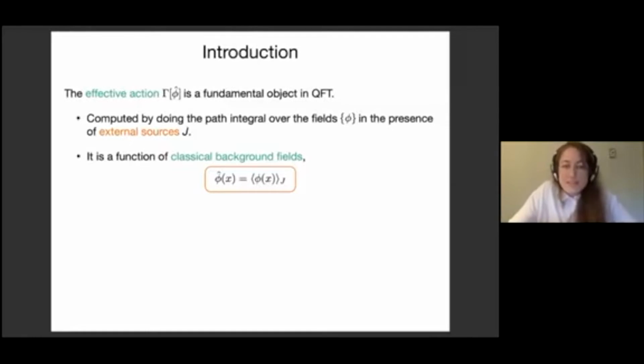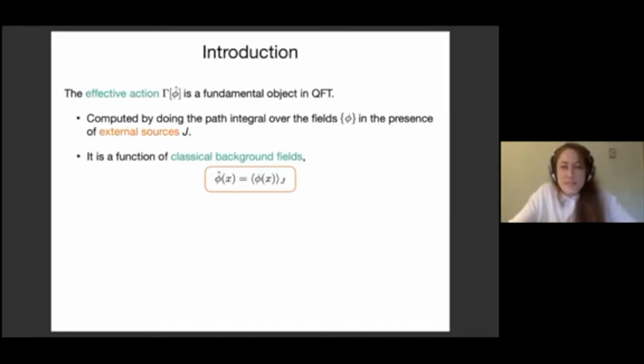And in particular, it is a function of classical background fields. All of the fields have been integrated out in the path integral. These classical background fields, I'll denote them with a hat. And these are the expectation values of the fields in the presence of the external source.